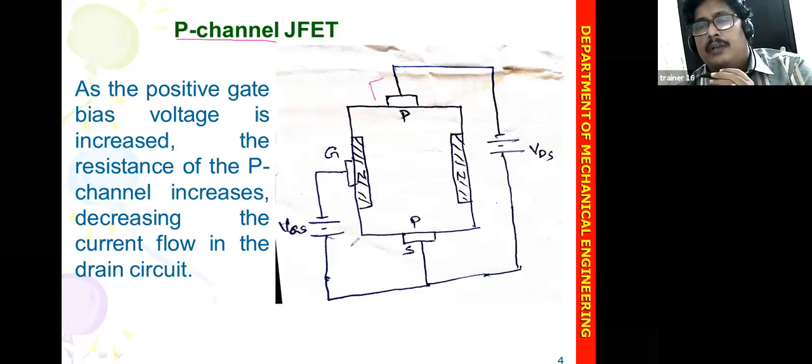Observe clearly, so what happened? The negative terminal is connected to the N-type, so N-type is all negative, right? And the positive is connected to the P-type. That means positive means holes, positive charge.